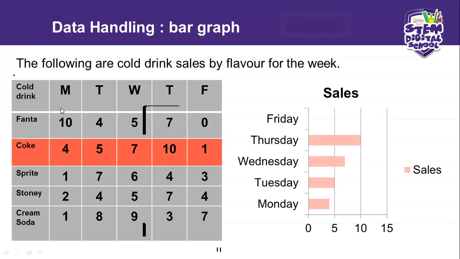It tells us that on Monday 4 cool drinks were sold. So there is Monday. And now we want to look at where is 4. We go to the horizontal line where it's got the number of sales, and if you count, you can count 1, 2, 3, 4.